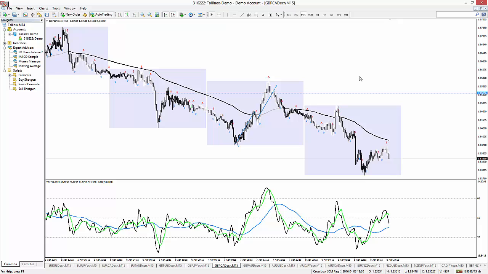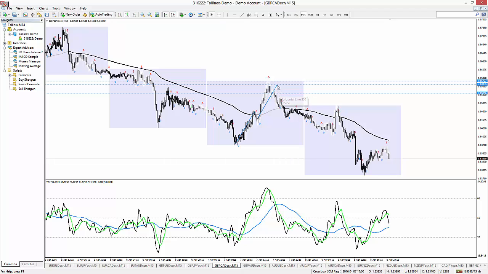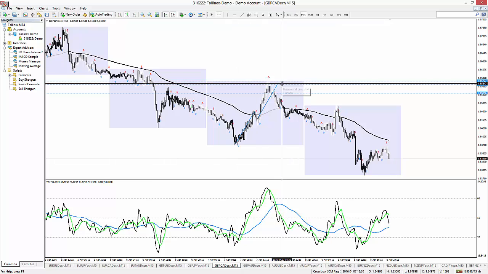So this is the kind of thing I'm looking for. And what I would do again is I would look for a pending order 10 pips below here, so right in here, so that would be my entry. This would be my stop, a very short stop.